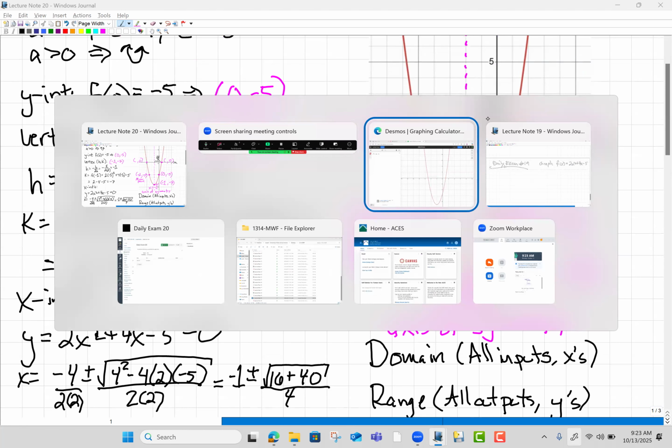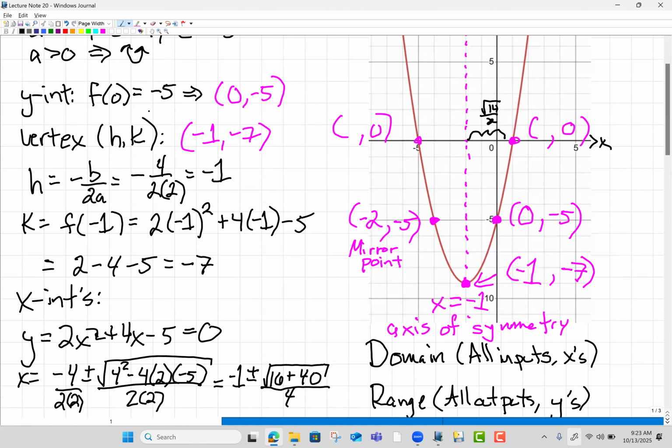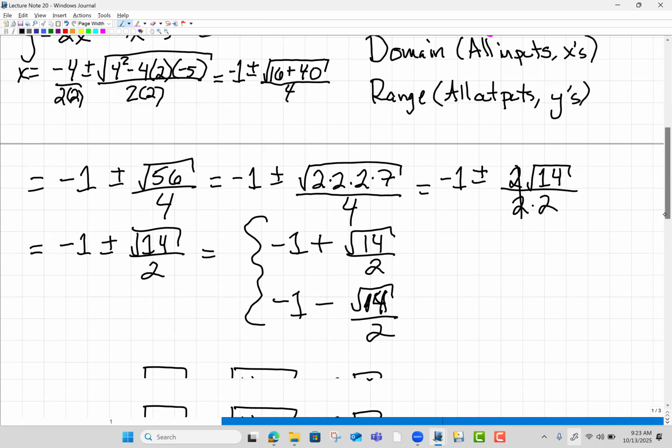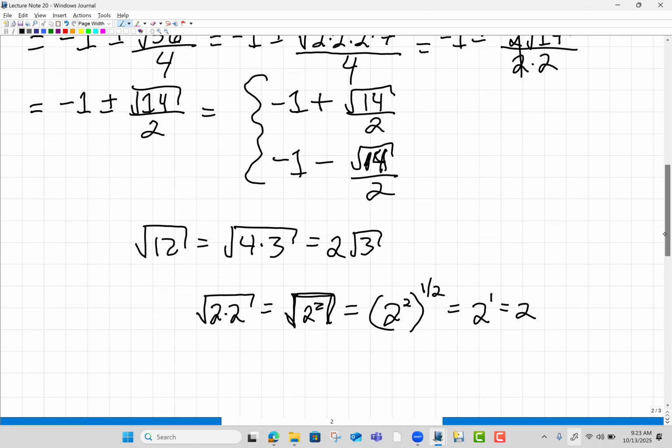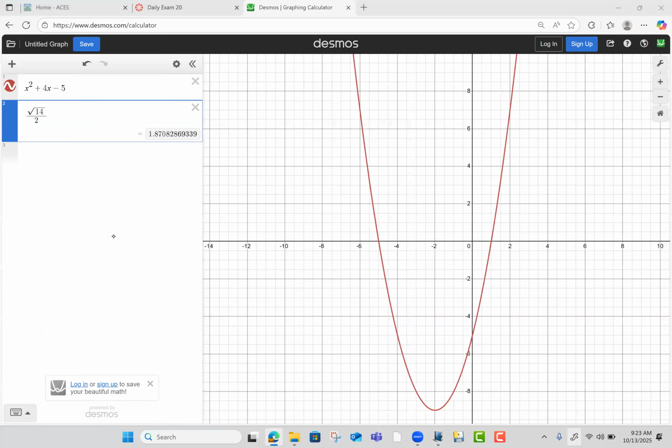If you want to, you can find out what it is. Square root of 14 divided by 2. So it's approximately 1.87, just in case you were wondering. So that guy is approximately 1.87.